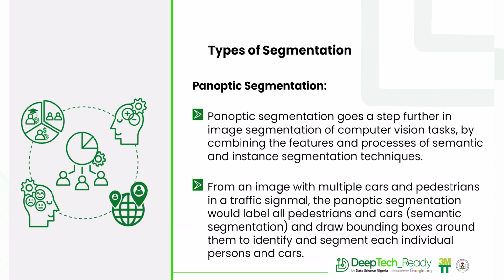So literally what we are trying to say is that it draws a boundary box around them to identify and segment each individual persons and cars. So literally it's more or less like you are trying to talk about region of interest. So in this whole image we are concerned about the pedestrian, okay, everything on the pedestrian and the cars, okay. So that is panoptic segmentation, whereby you are trying to put together both instance and semantic segmentation in order to be able to take your region of interest for further analysis.